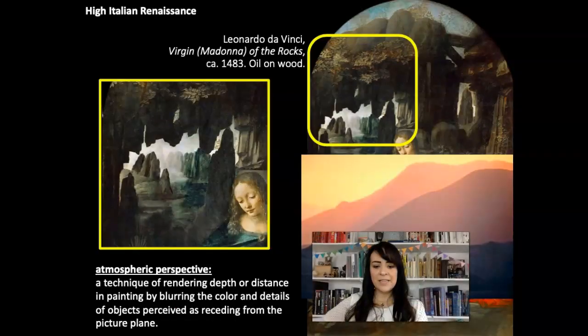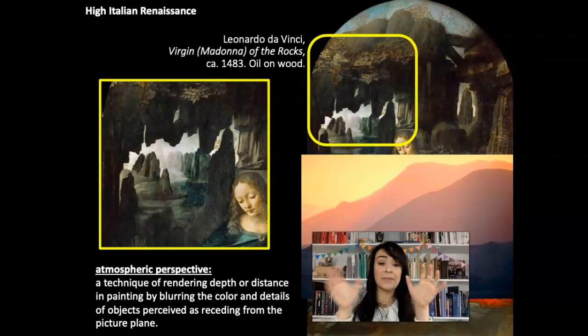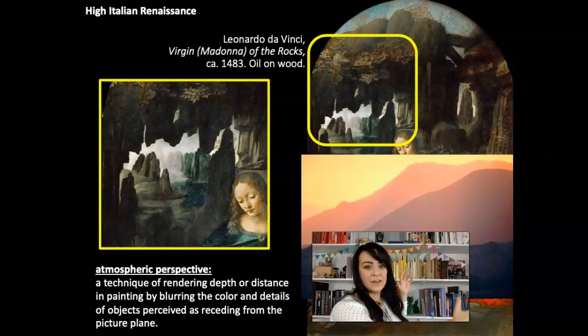Instead, it would make the space seem very closed off, very small, very contained, very unbalanced. Instead, by giving us atmospheric perspective, he opens the space beyond the grotto, far, far into the distance, giving us a balance of background, middle ground, foreground.